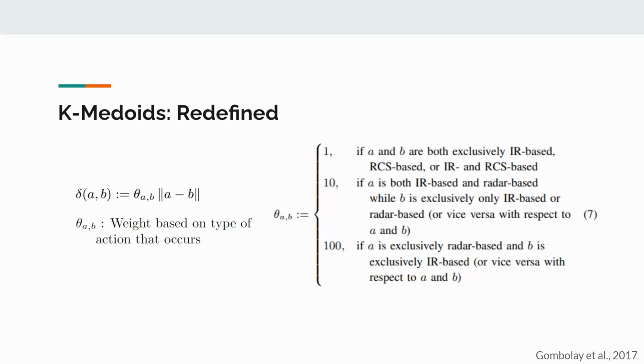And then they also weight this difference by theta of A and B, where theta is defined as either 1, 10, or 100, and this is roughly based on the difference in the category of the type of weapon that's deployed. So that's why you want more different types of weapons to be weighted higher, as opposed to weapons that are of the same category.